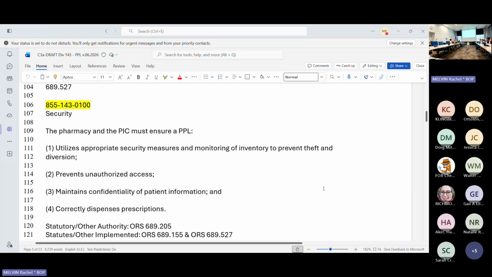Just the first statement, the pharmacy and the PIC must ensure a PPL. There was some question about what is the pharmacy? Can we say outlet and PIC, or is pharmacy what we generally use? Staff member: pharmacies is consistent language that we do use for how we articulate it.